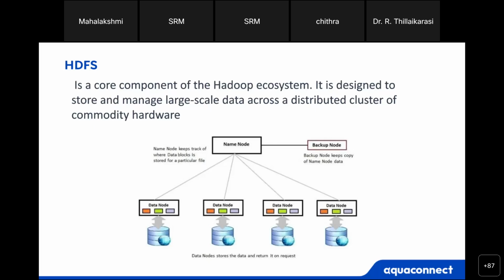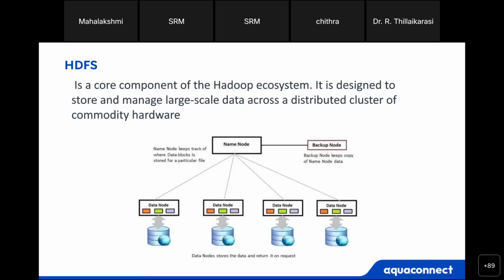For example, I have 580 MB of data. I'm not going to store my 580 MB of data in data node 1. Instead, I split my data into 128 MB, 128 MB, 128 MB, 128 MB, and 68 MB.